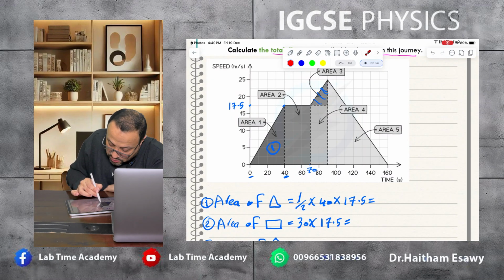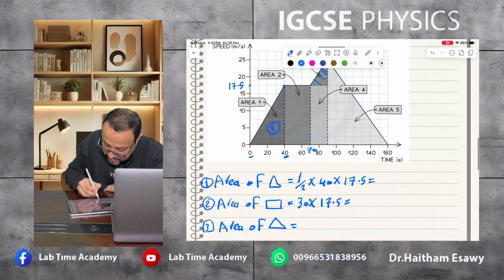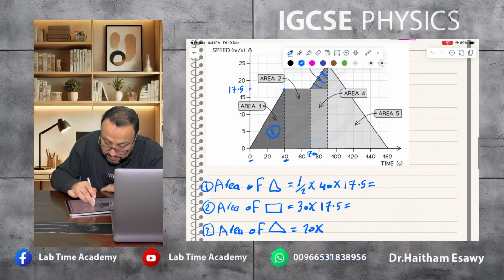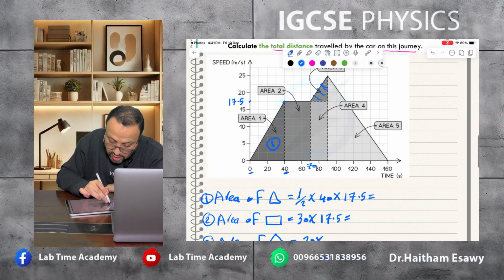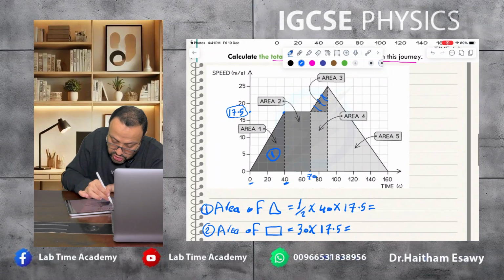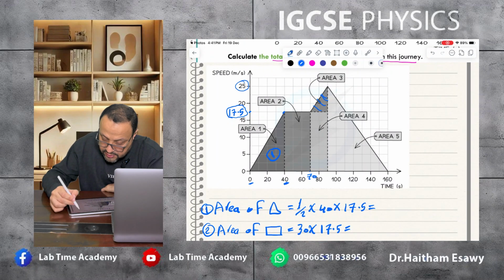The base is from this point till this point. Here we have 70, here we have 90. So 90 minus 70 equals 20. So we have 20 multiplied by the height. The height starts from 17.5 till it reaches 25.